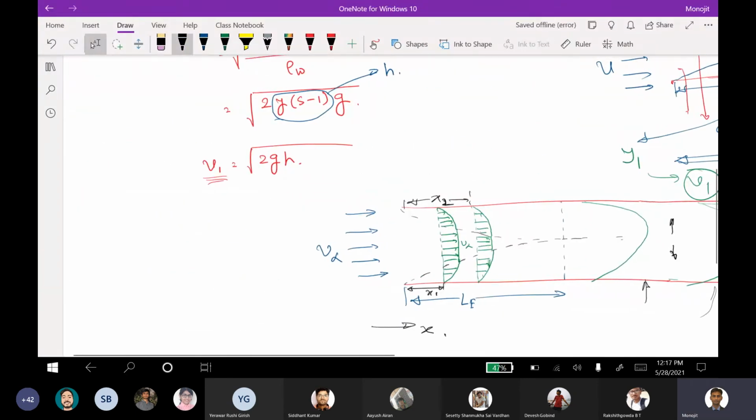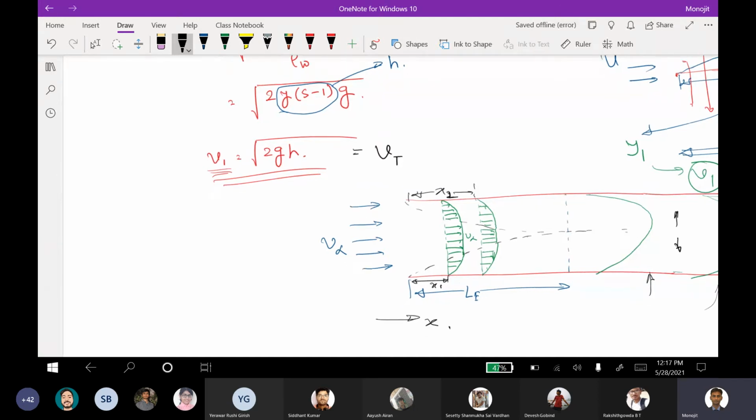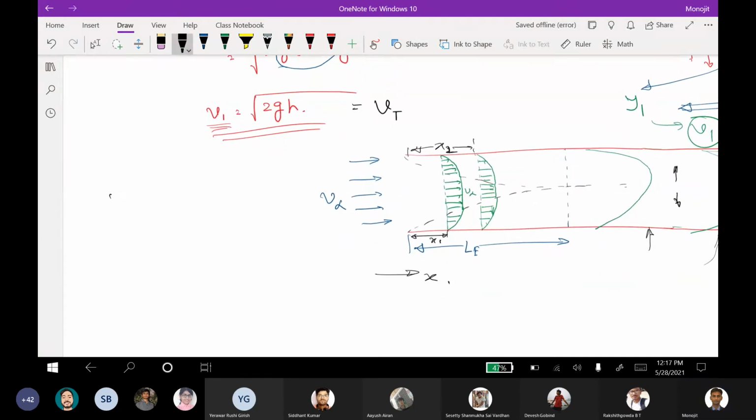We will mark this as the theoretical, because based on the theory we get this V. So we will mark this as VT, V theoretical. Fine. Now, VT as a function of R, we can measure.